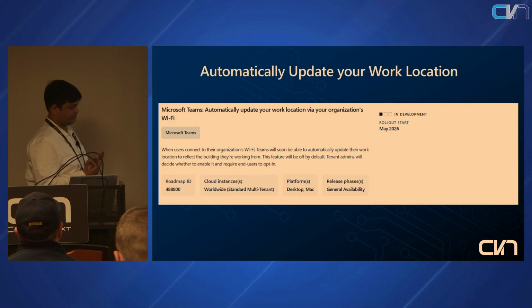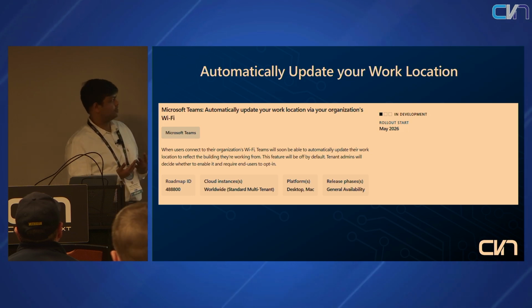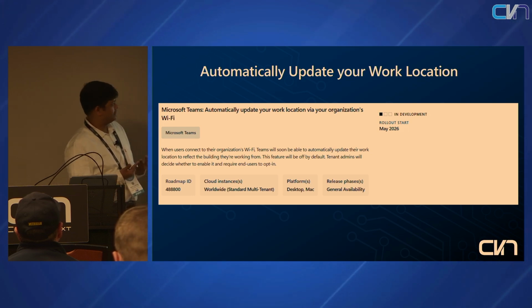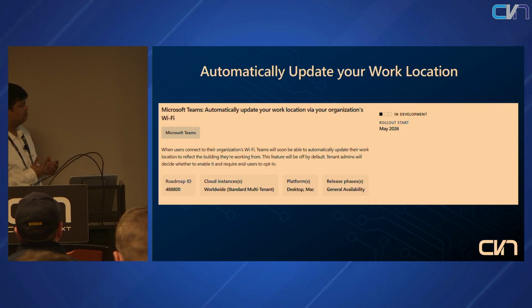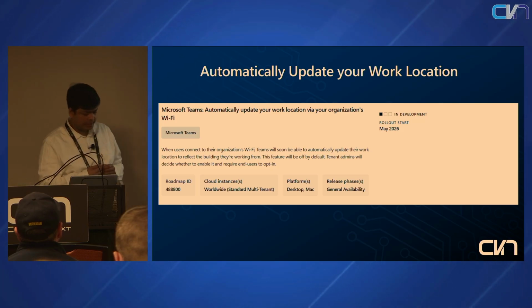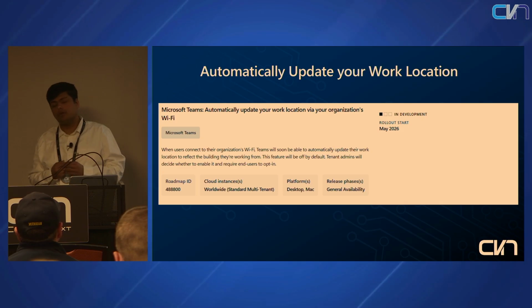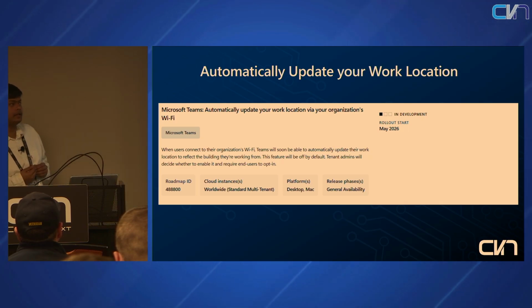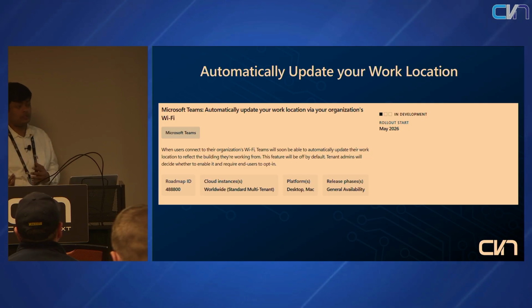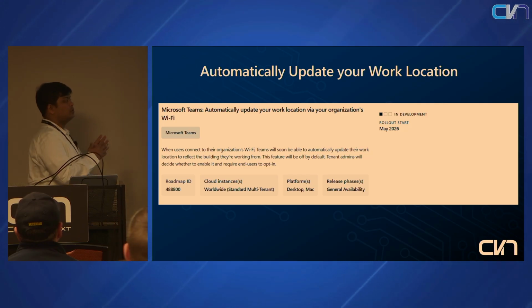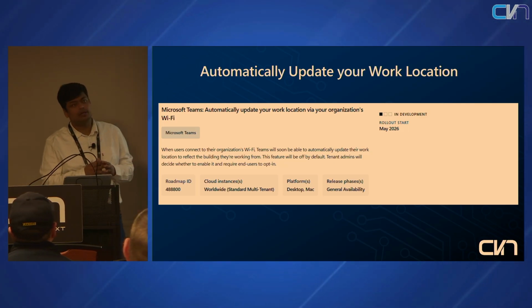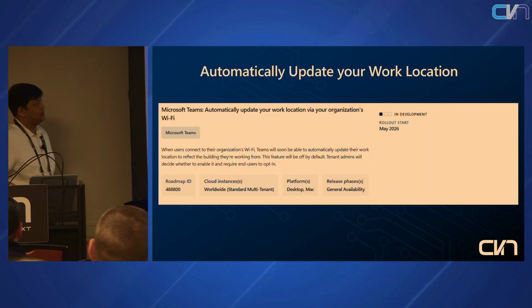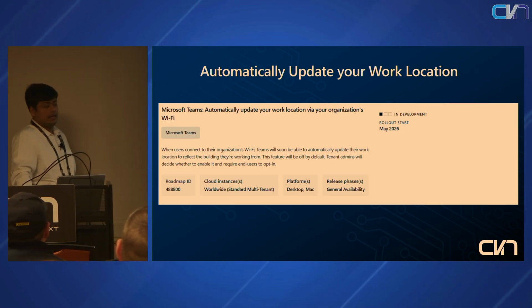The most talked about feature which got pushed out is automatically detecting and updating your work location. So based on users connecting to the Wi-Fi, whether they are working from office location, which building they are working in, whether they are in office, whether they are working from home, all those things. The only update that the Teams application would be able to get is whether the user is working from office, and if they are working from office, which building they are in.